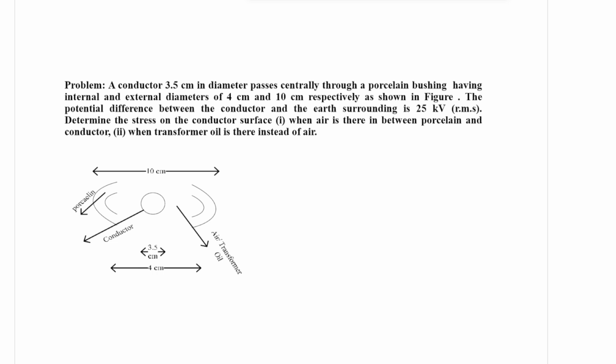You see, this is the conductor, right? It is supplied at 25 kV RMS. Now let me read out the problem statement. A conductor having 3.5 centimeter diameter passes centrally through a porcelain bushing, having internal and external diameter of 4 centimeter and 10 centimeter respectively.